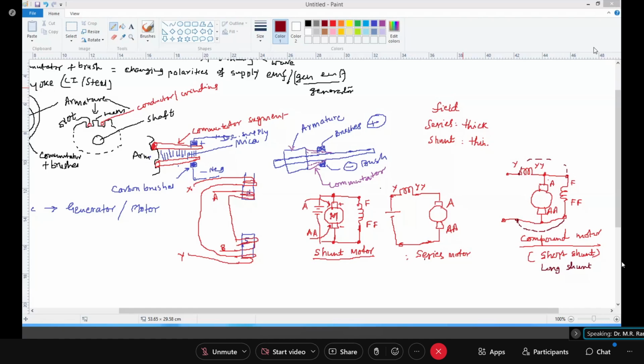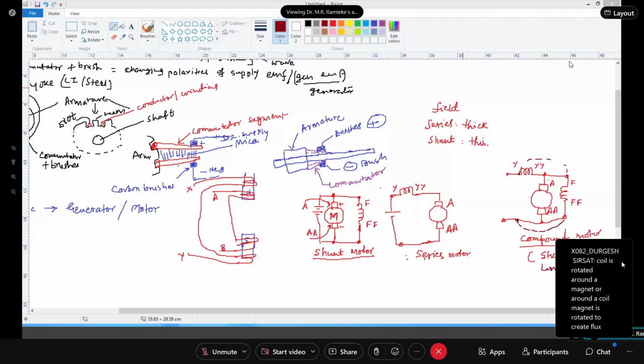There is a motor action principle: when current goes and there is a magnetic field also. See, there is one basic principle called the motor action principle. On that principle, all motors work.